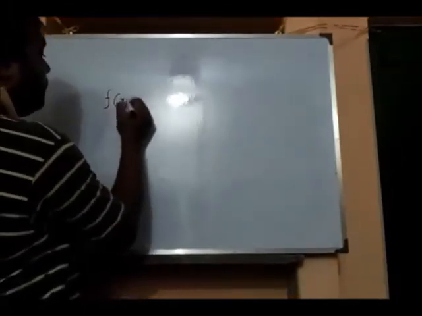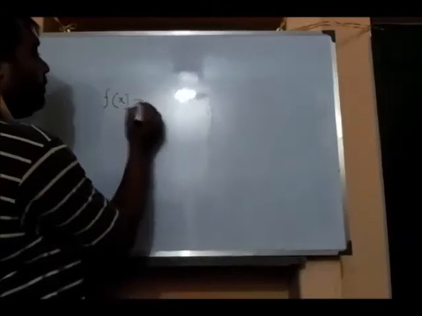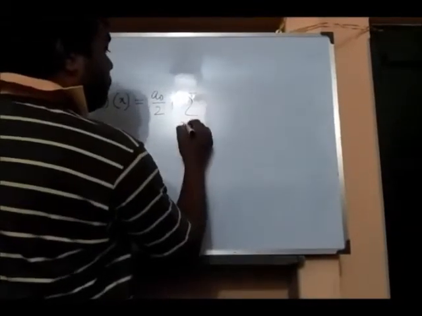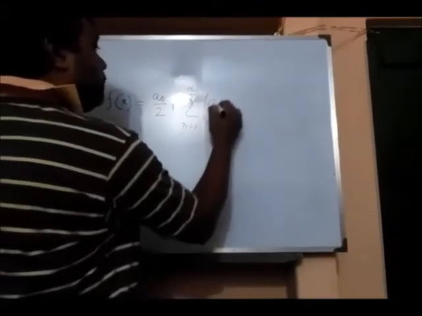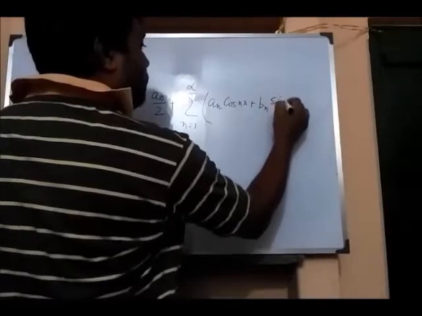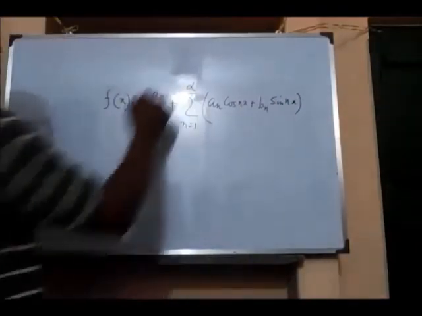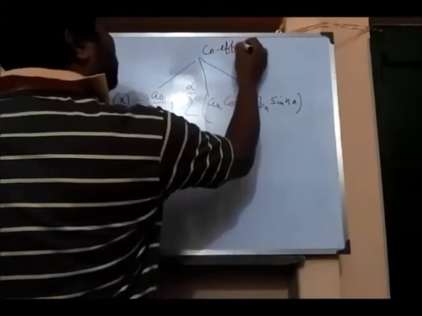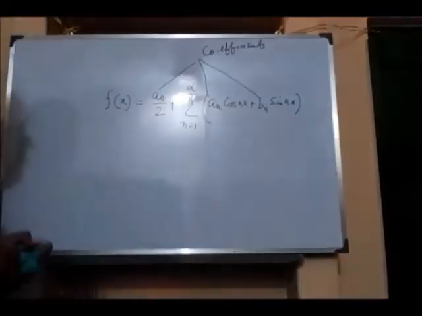Now, as I mentioned in the previous class, if f(x) is a periodic function, then f(x) can be expanded as a0 by 2 plus the sum over n equal to 1 to infinity of an cos nx plus bn sin nx, where a0, an and bn are coefficients you have to determine, right?